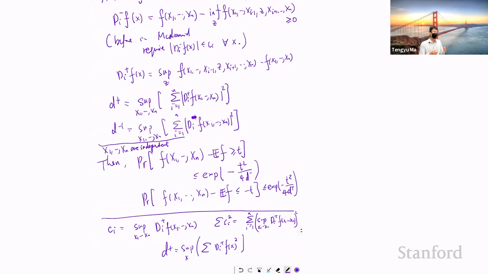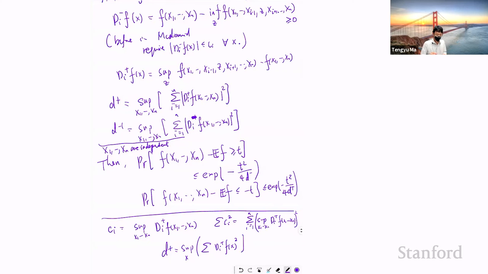It's possible that you have a point x such that only for one coordinate you are very sensitive, and for the other coordinates you are not. Then you take the sum and then the maximum, and it's more advantageous to do that. Mathematicians spend a lot of time thinking about how to change the order. The best thing you want to do is take the sup at the very end, like this one.